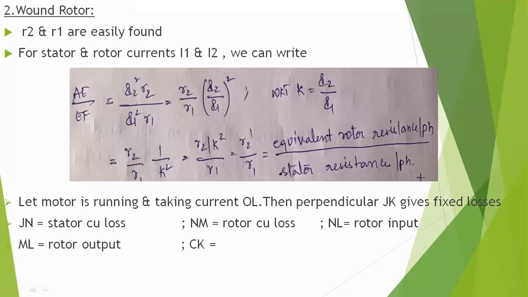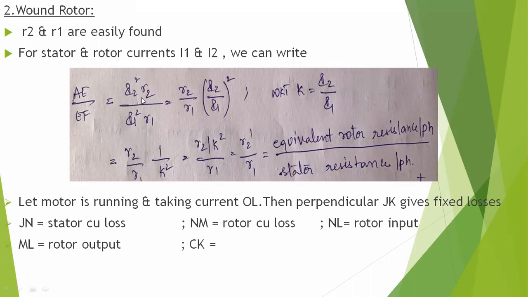In this case, we can find R1 and R2 easily. So for stator and rotor currents I1 and I2, we can write AE by EF is equal to rotor copper loss by stator copper loss.